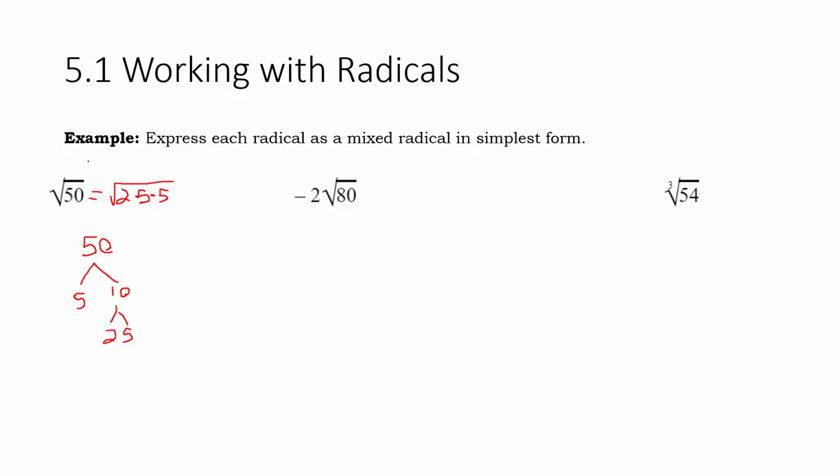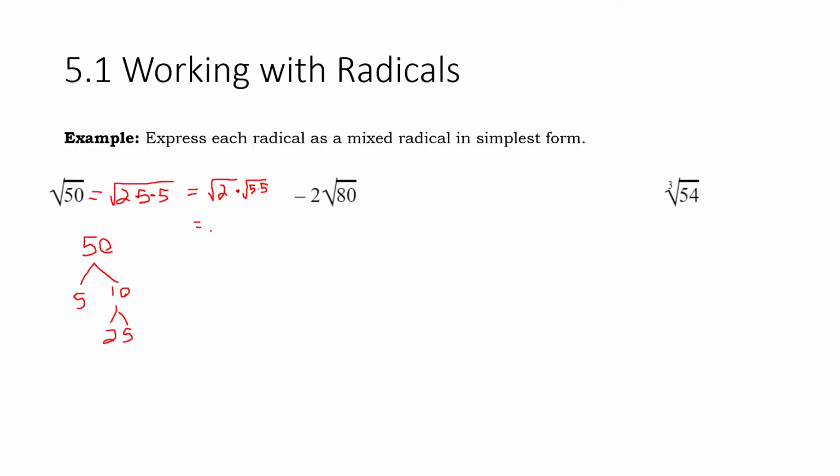Any pairs, at least for a square root, any pairs can be separated. So we can separate this radical into two radicals and they would remain true. So root 2 times root 5 times 5.